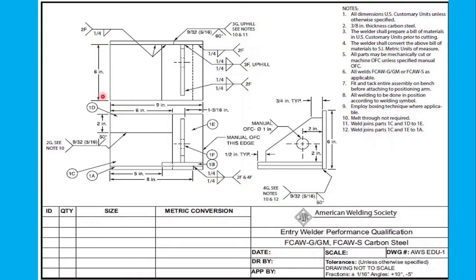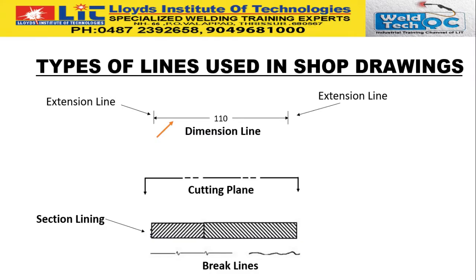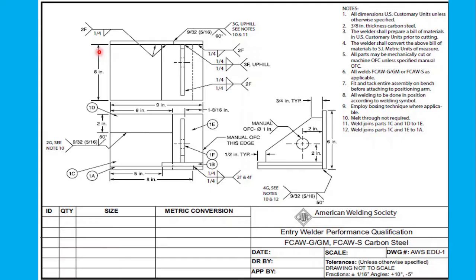So this is known as a dimension line. They are represented by thin lines with arrowheads at the ends that are broken along their length to provide space for the dimension figure, like this dimension figure.